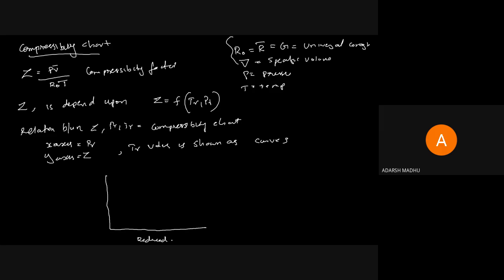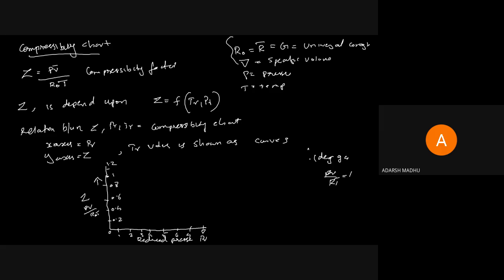Reduced pressure PR on the x-axis, and Z, that is PV by R naught T, on the y-axis. The x-axis is marked 1, 2, 3, 4, 5, 6, 7, 8, in bar, and the Z values 0.2, 0.4, 0.6, 0.8, 1, 1.2, etc. For an ideal gas, PV equals RT, so PV by RT equals 1. That is the Z value.